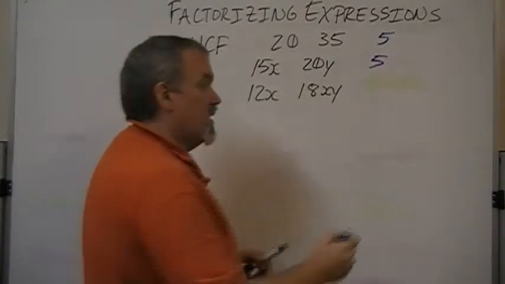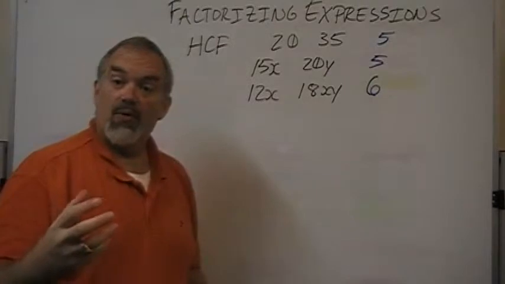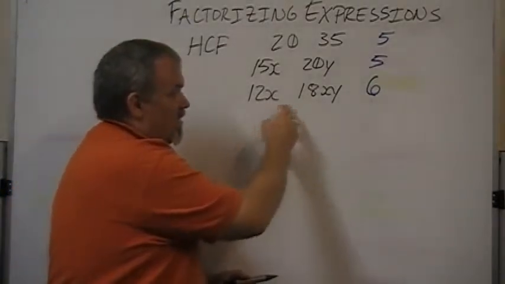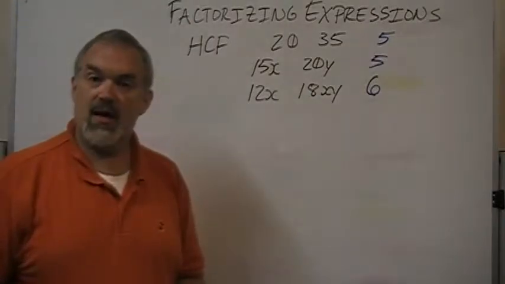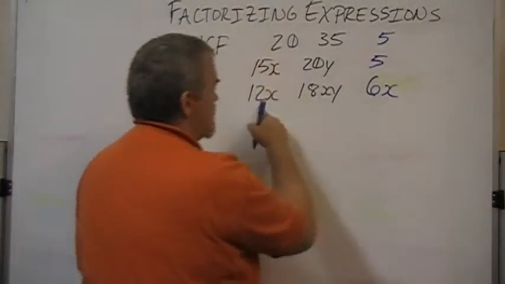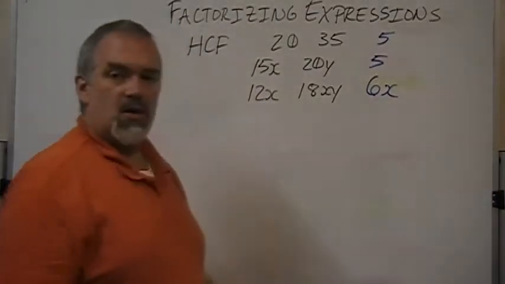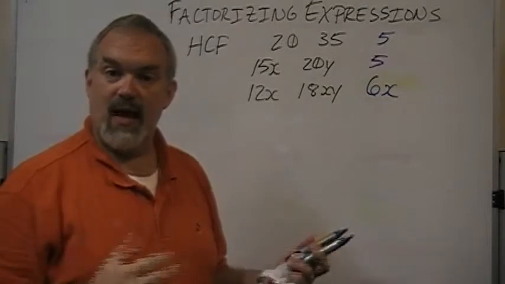That's the biggest number we can use. We'll take 6. Then we look at our pronumerals. Over here we have x, over here we have x and y. What's the biggest thing in common? x. So with these two expressions, the highest common factor is 6x.